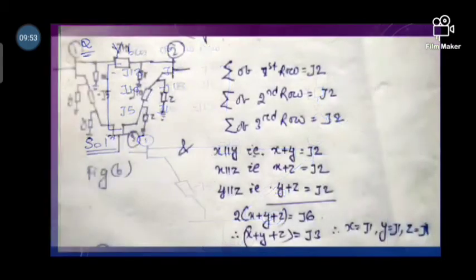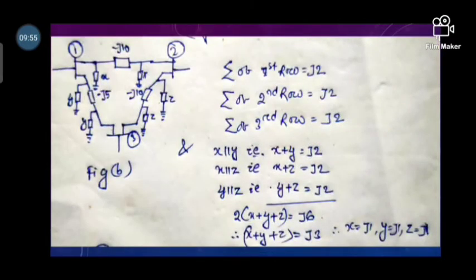So let's see how to calculate these shunt parameters. First we are taking the variable x between bus number 1 and 2, variable y between bus number 1 and 3, and variable z between bus number 2 and 3.